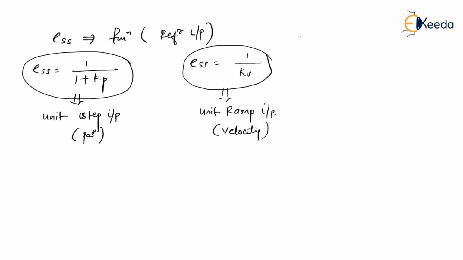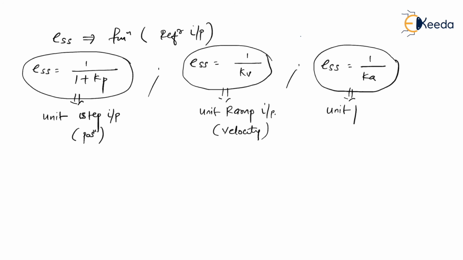Again, for this category, h of s must be 1. So whatever I'm talking about, it is applicable only when h of s equal to 1. And third ESS that we have derived is 1 upon Ka. So this is applicable when input is a unit parabolic input, also known as an acceleration input.